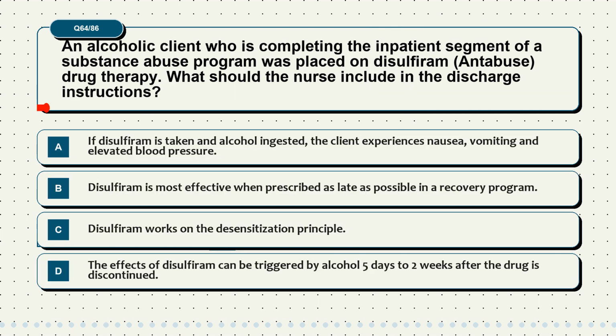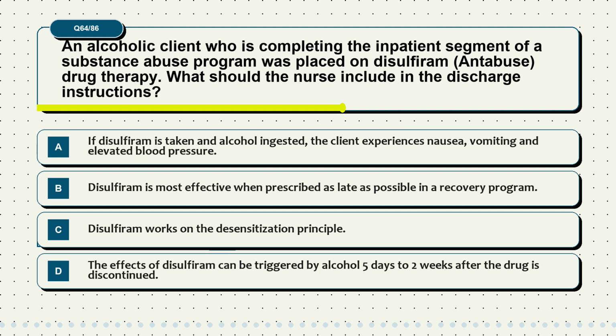Question 64. An alcoholic client who is completing the inpatient segment of a substance abuse program was placed on disulfiram anti-abuse drug therapy. What should the nurse include in the discharge instructions? Here are the options. Option A. If disulfiram is taken and alcohol ingested, the client experiences nausea, vomiting, and elevated blood pressure.